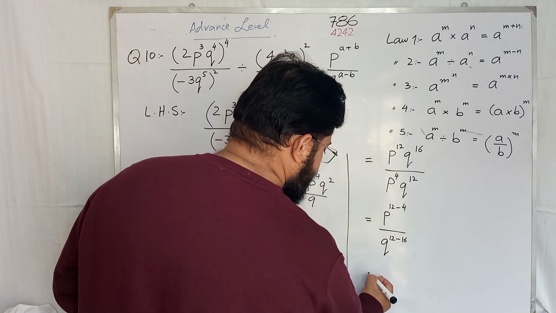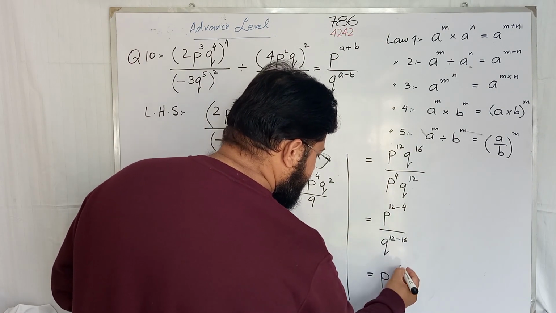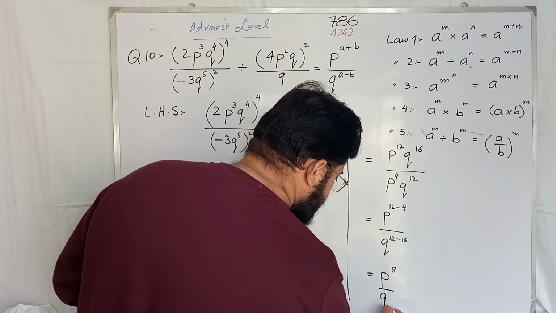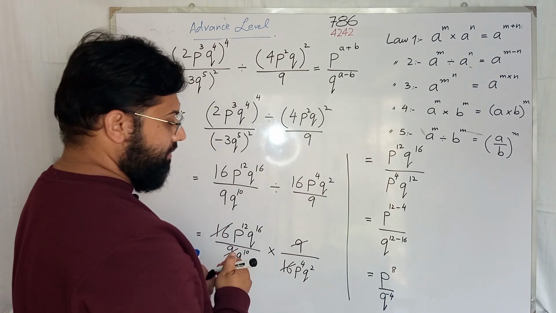So it becomes P 12 minus 4, 8 over Q 12 minus 16 minus 4.